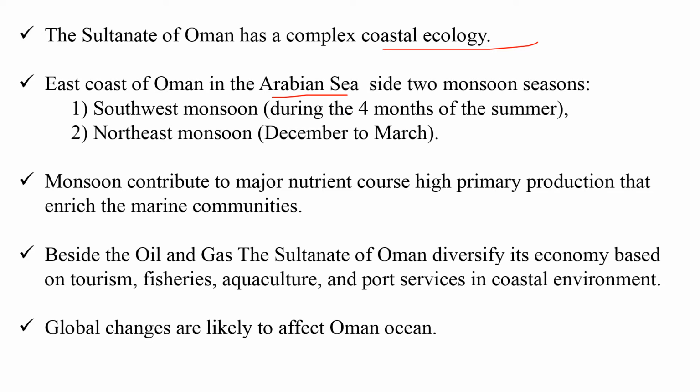The Arabian Sea brings two types of monsoon season to Oman: the southwestern monsoon, called the summer monsoon, during 4 months of the summer, and the northeastern monsoon, the winter monsoon, from December to March.